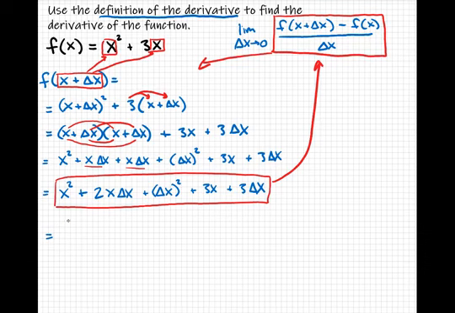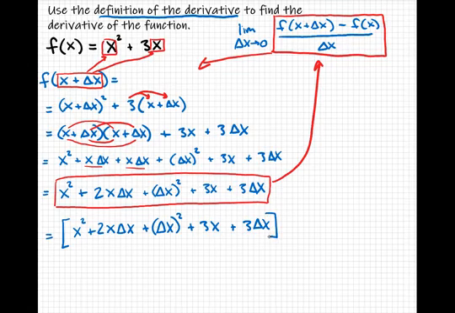The f of x plus delta x is x squared plus 2x delta x plus delta x squared plus 3x plus 3 delta x. That's in the numerator, that's the first term, and then we're subtracting off the original function f of x, which is x squared plus 3x.